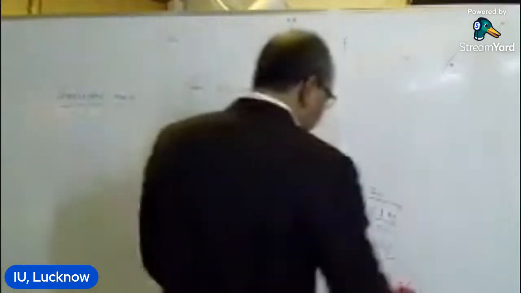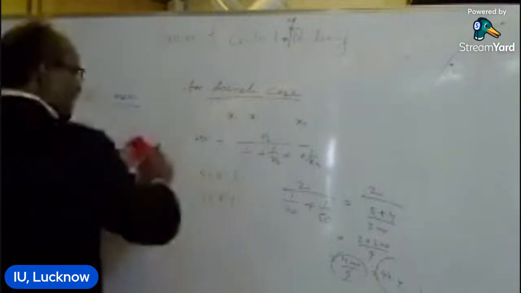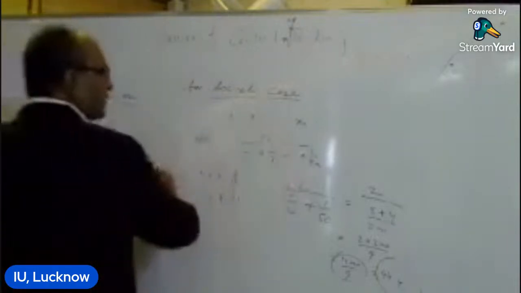So this is the average speed. Using this formula you can get it, and now the next is the continuous case.